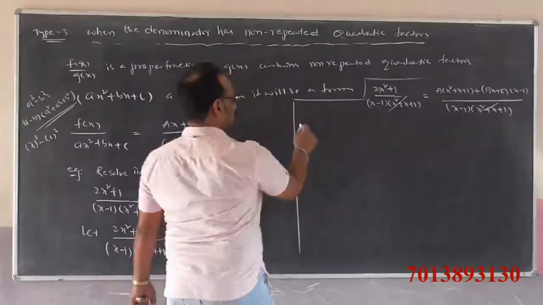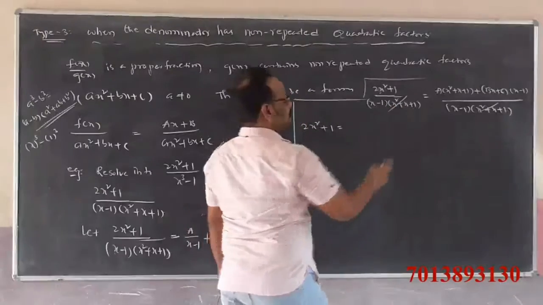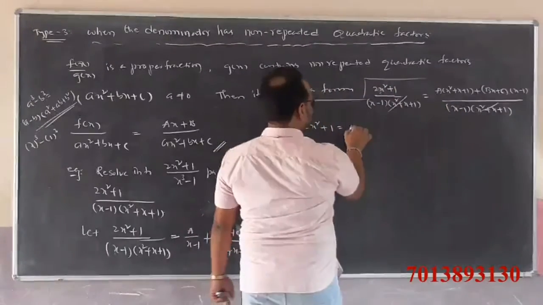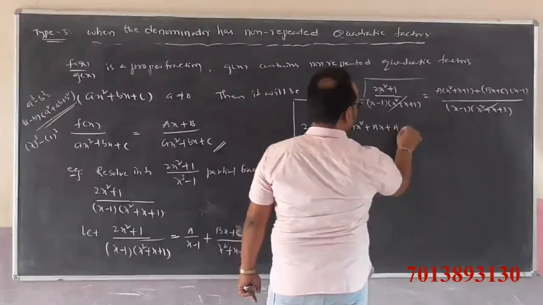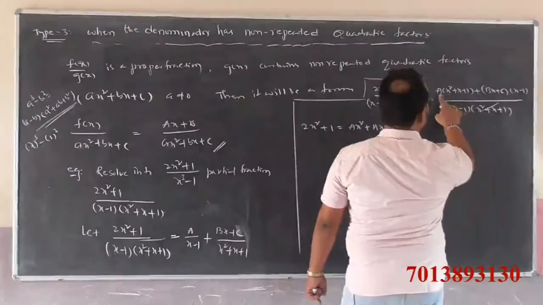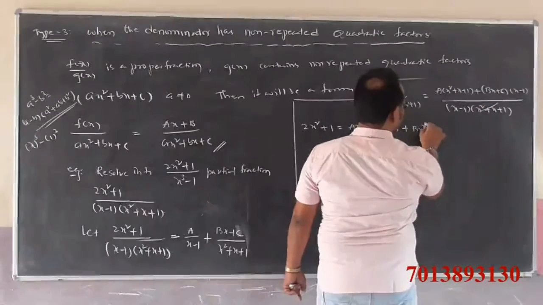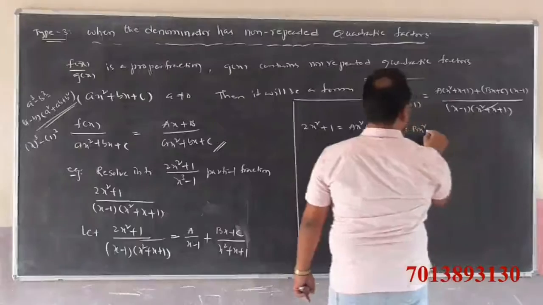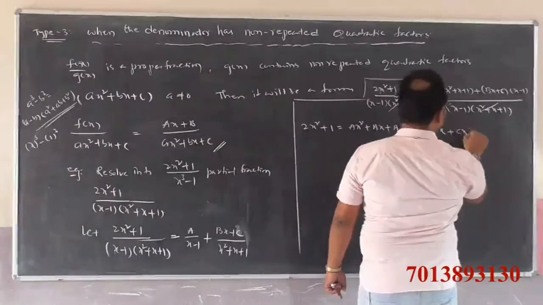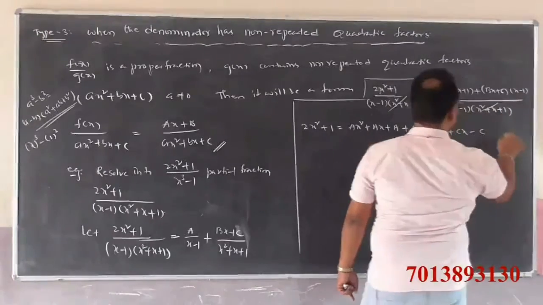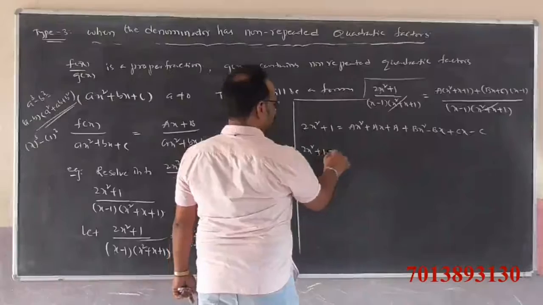In the numerator, 2x square plus 1 equals, if you multiply, ax square plus ax plus a, plus bx into x, we get bx square. Bx into minus 1, we get minus bx. C into x, we get cx. C into minus 1, minus c. That is 2x square plus 1 is equal to.